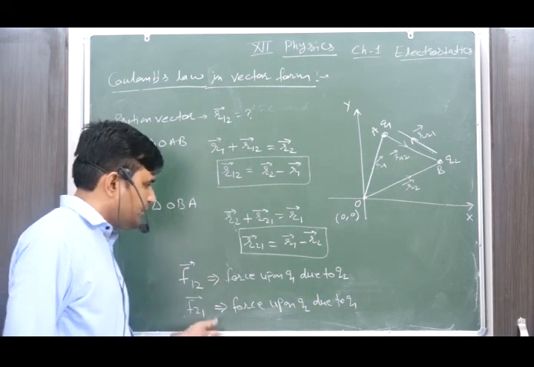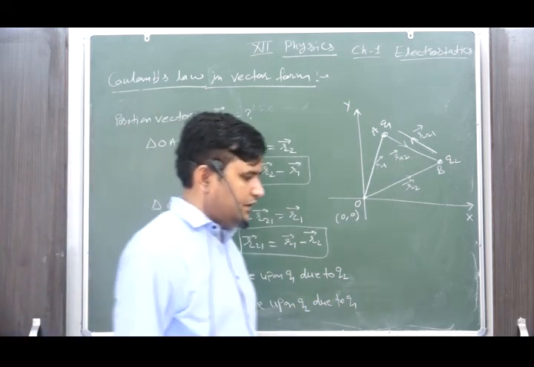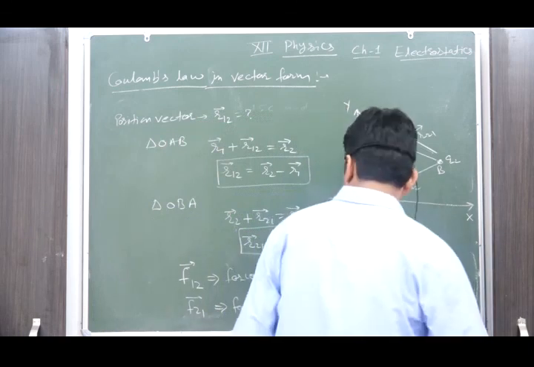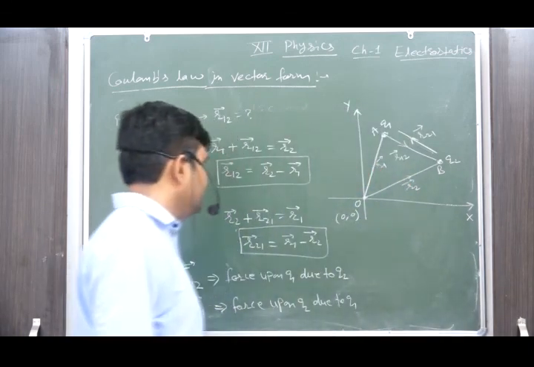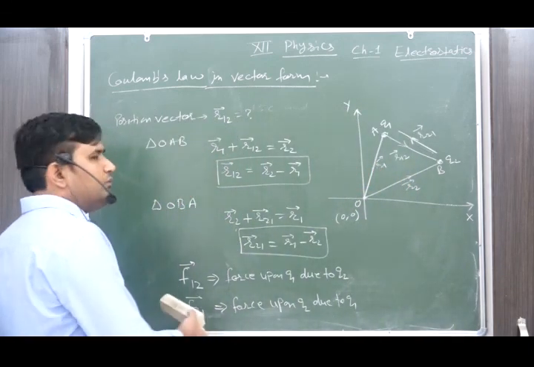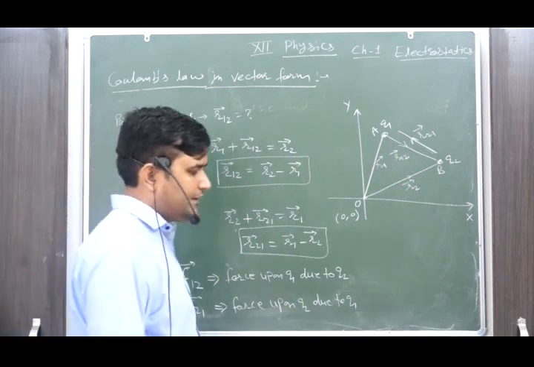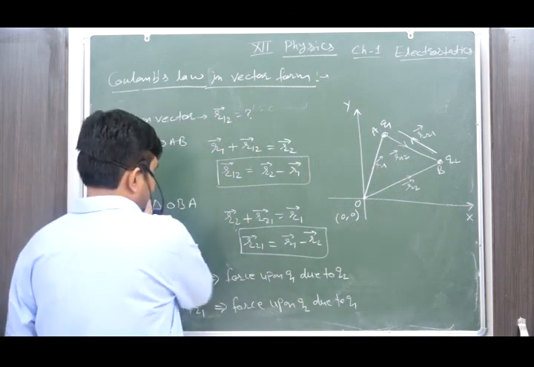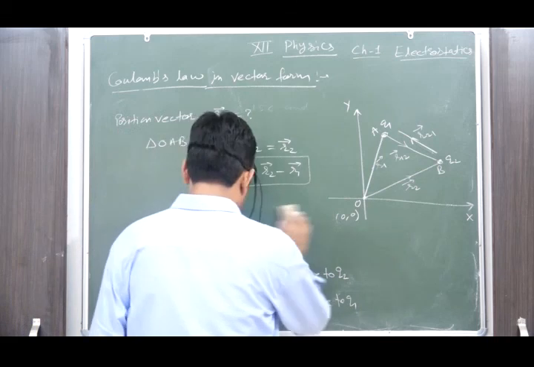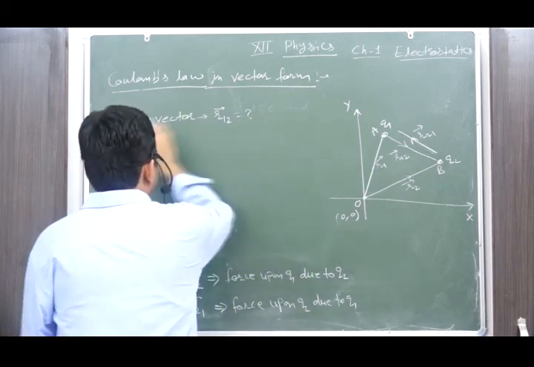Q1 पर Q2 की वजह से force, Q2 पर Q1 की वजह से force. It is defined in terms of F12 and F21. Now we are going to find the value of F21 and F12.